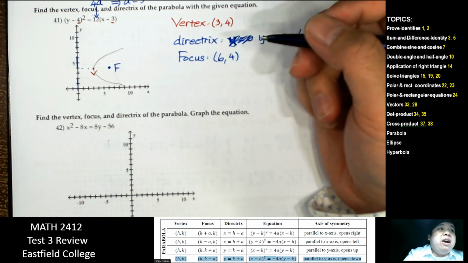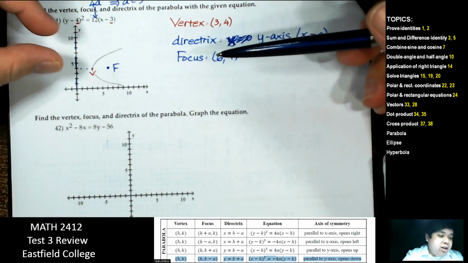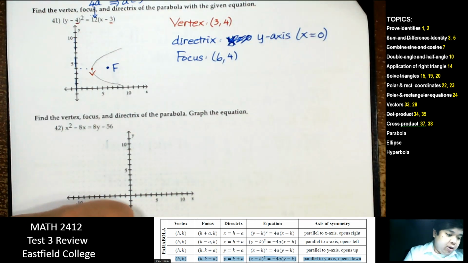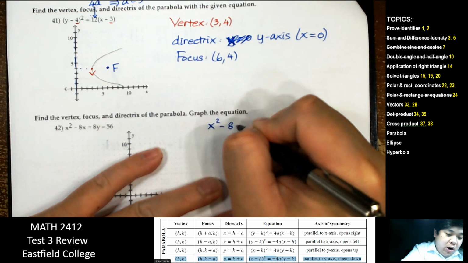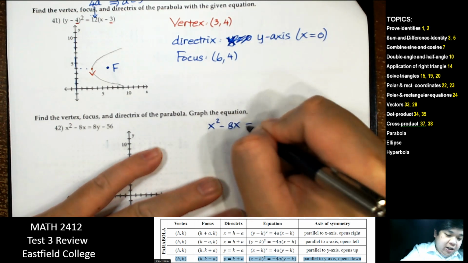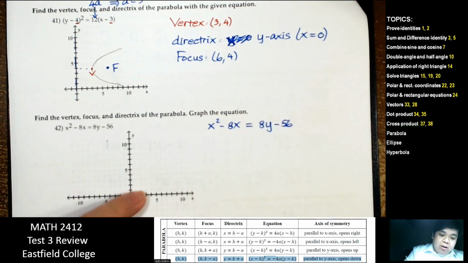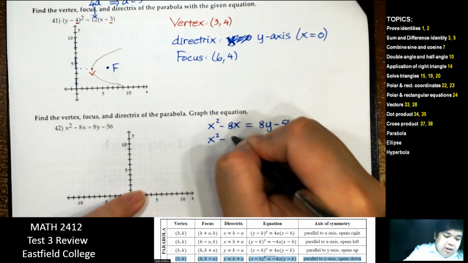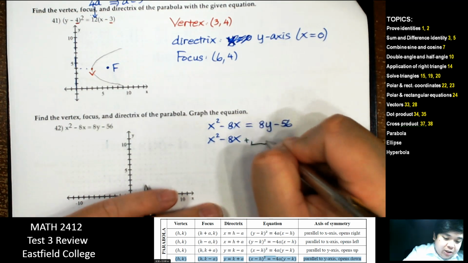Right, so kind of have to know the relation between this, the graph, and the equation. Right, talk about equation. This one did not give us directly, but what we can do is this. First, we do the completing the square. We will add something to it on both sides.